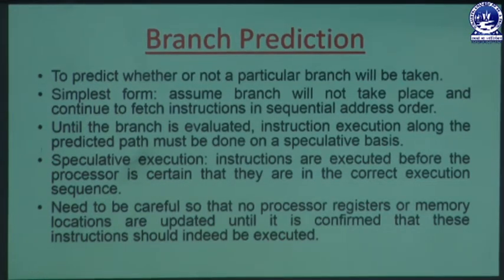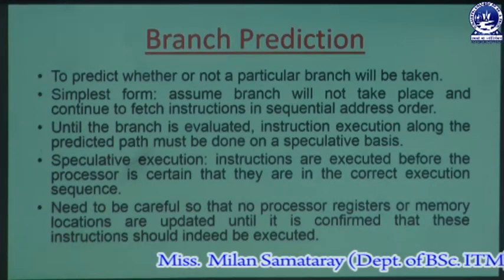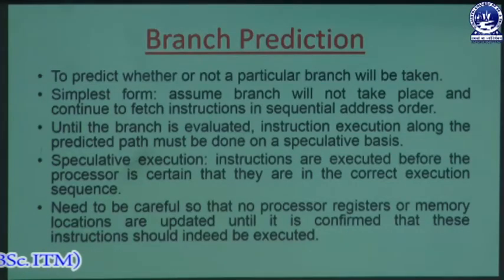But in sequential execution, the PC will increment to the next instruction's address, either by 4 or by 8, depending on the addressability. And if the branch instruction occurs, then the PC has to contain the branch target address as the next instruction's address, so that the processor can fetch whatever instruction is placed at that location.